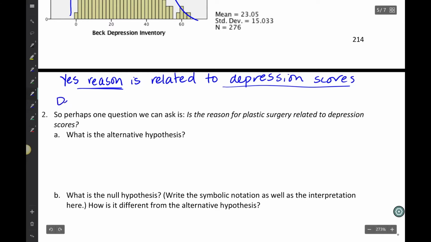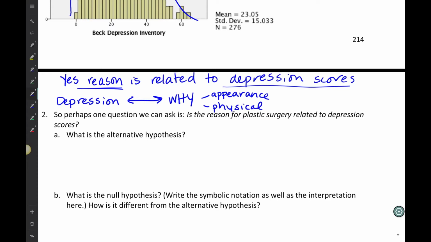If we think depression score is connected to why they had surgery, either appearance or physical, if we think that how depressed they are is linked with why they want surgery, then we would expect these two groups, the people who say they're doing it for appearance reasons and the ones who say they did it for physical reasons, we would expect to see different depression scores, right?